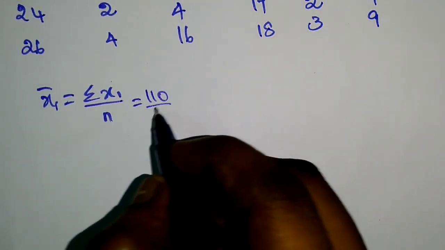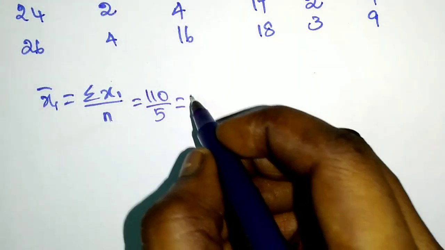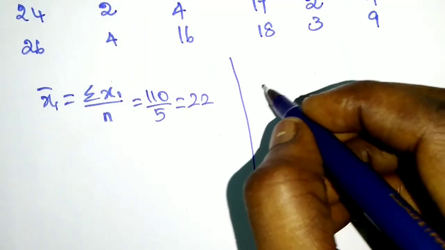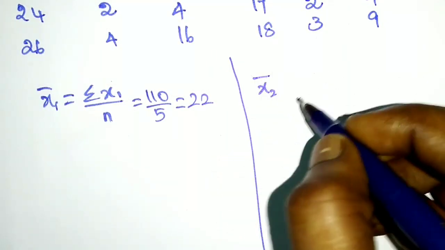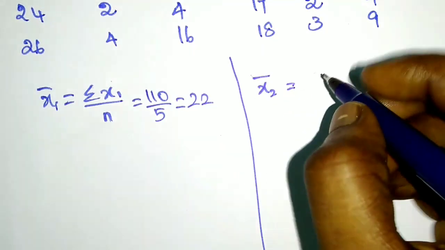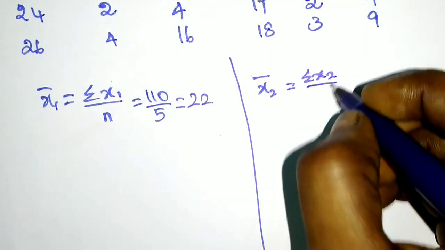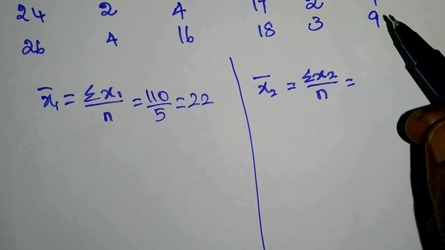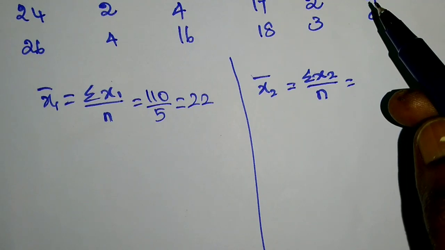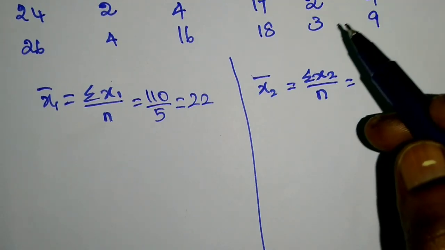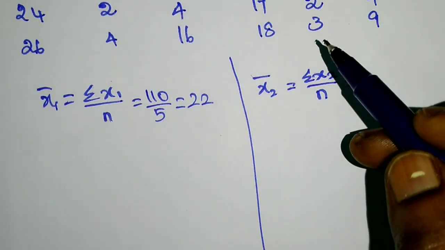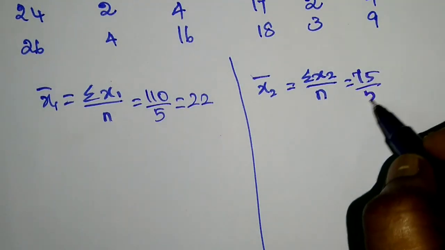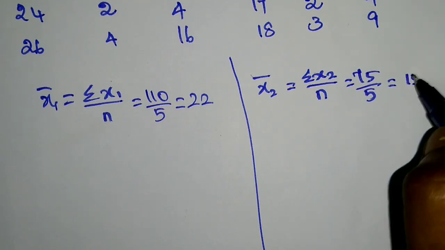So 110 divided by 5 is equal to 22. This is for A. Now for B, x2 bar is summation of x2 divided by n. 11 plus 14 is 25, 25 plus 15 is 40, 40 plus 17 is 57, 57 plus 18 is 75. 75 divided by 5 we get 15.